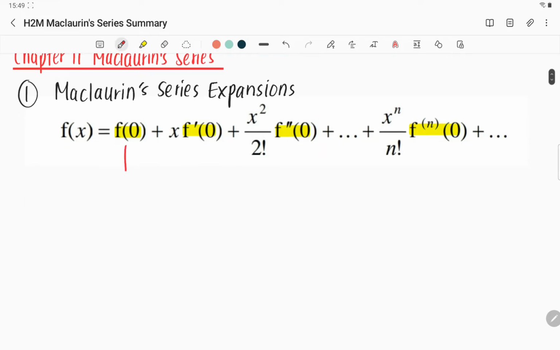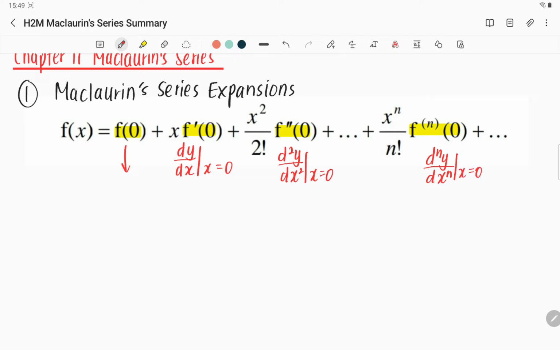So f of 0 basically means when I sub x equals 0 into f of x, and over here f prime 0 basically means I'll have a dy/dx and I sub in 0 into it, and of course for the remaining d2y/dx squared, sub x equals 0, and so on and so forth until the last term over here, dny/dxn at x equals 0.